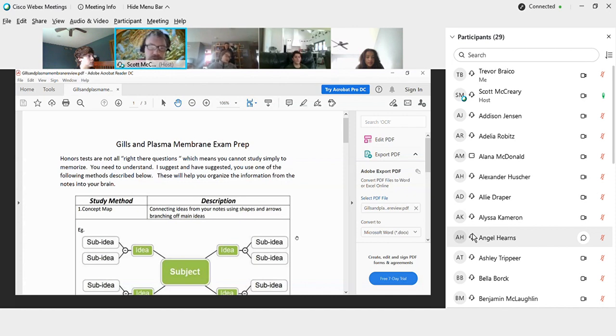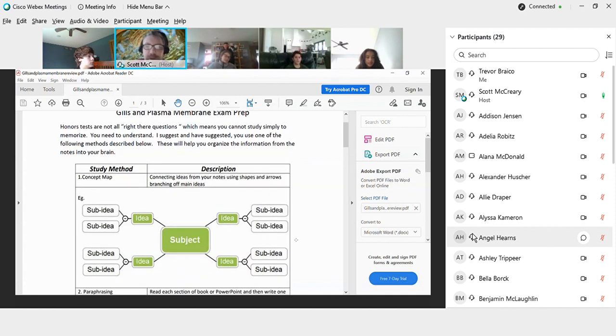Okay, one way you can do it is by using a concept map. A concept map is basically where you take your notes that are in your notebook or on the computer, and you literally reorganize them into your own brain. So you take a big subject like maybe passive transport, and then you break that down into smaller ideas. Could be diffusion, osmosis, carrier mediated facilitated diffusion, and channel mediated diffusion.